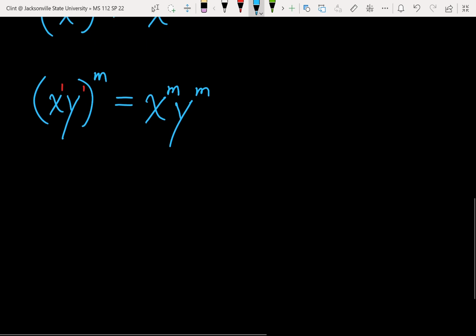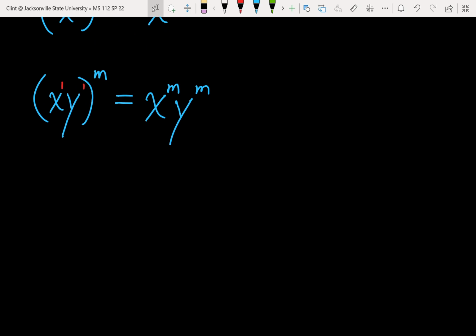A lot of times where people forget that rule is when we have something like 2x raised to the 3rd power. The way we're supposed to do that one, you're supposed to find 2 to the 3rd power times x to the 3rd power. And 2 to the 3rd power, what does that mean?